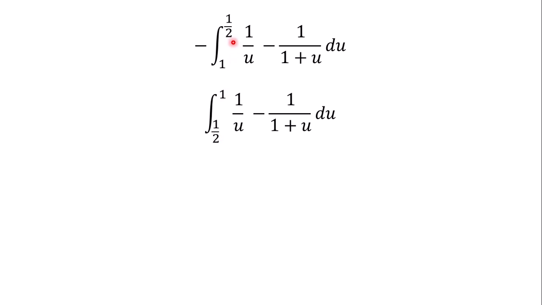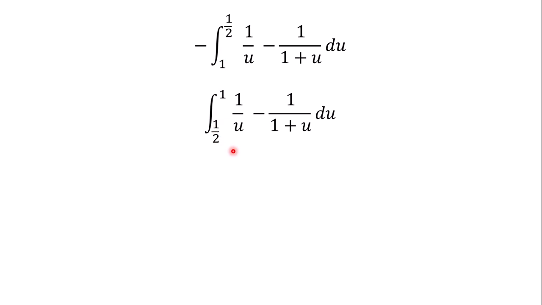But remember that here it was 1/2, and then 1. But now the 1 has come to the upper section, and the half has come to the lower section. The 1 has gone to the upper limit position, and the half has come to the lower limit position.